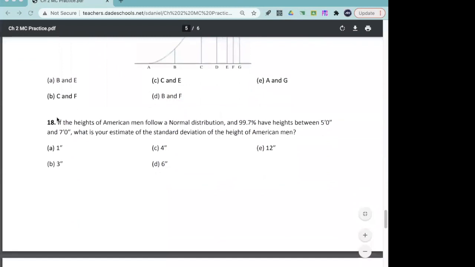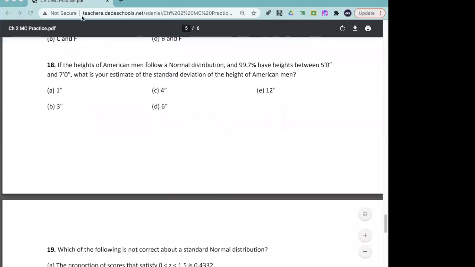Okay, number 18. Let's see, so if the distribution, the standard deviation. So again, if you have 99.7% between 5 and 7, then you'd want to use your inverse normal. This time the 99.7 would be the middle, somewhere like this between 5 and 7. The mean would be 6.